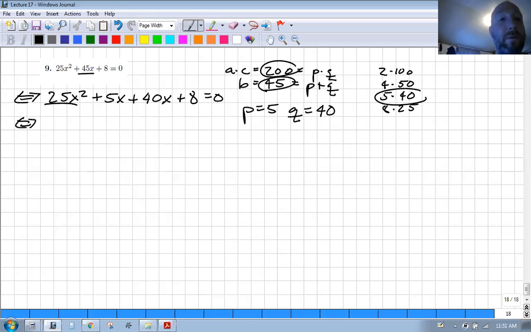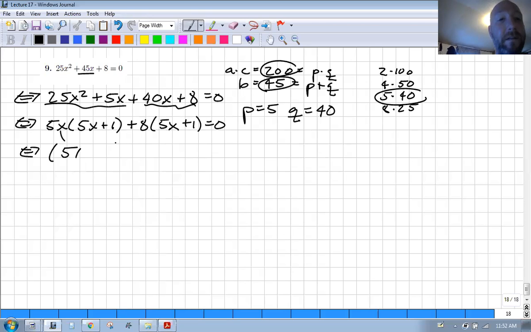So out of here, we'll pull out a 5x. That gives us a 5x plus 1. Over here, we can pull out an 8. It gives us a 5. Right, 8 times 5 is 40. So we have a 5x and an 8, both times a 5x plus 1.